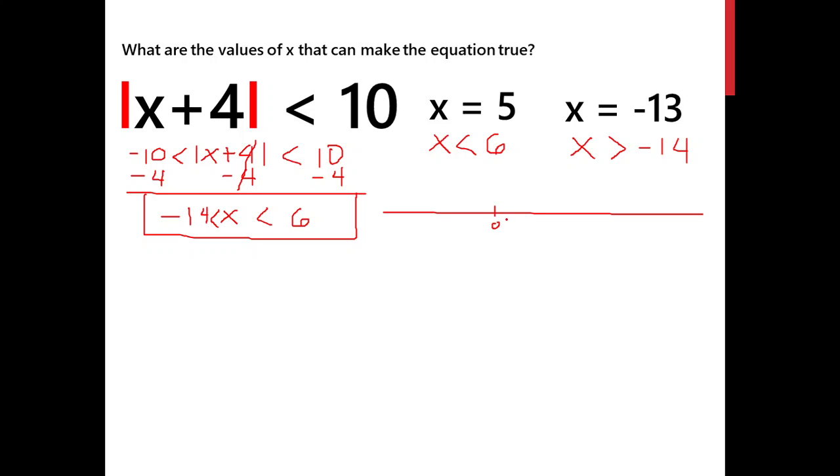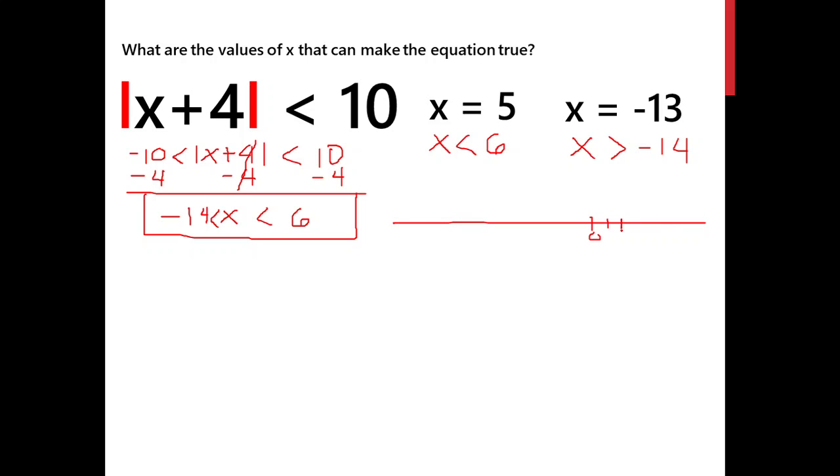So that's my 0. So 1, 2, oh, I'll just change that for a while. Let me use the eraser. It should be the other way around. Okay. Let's just place my 0 here.